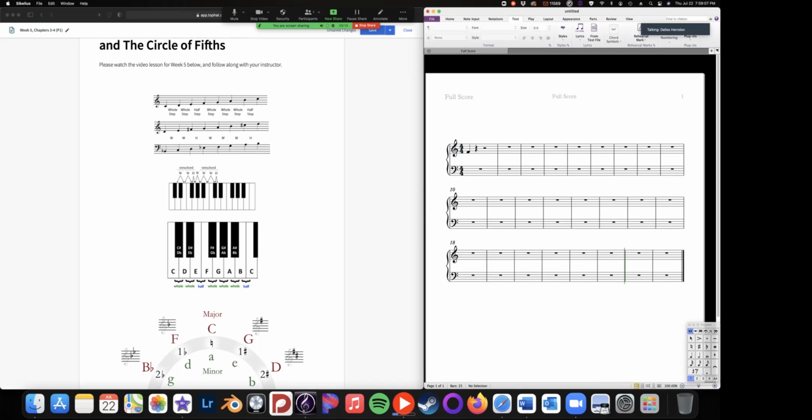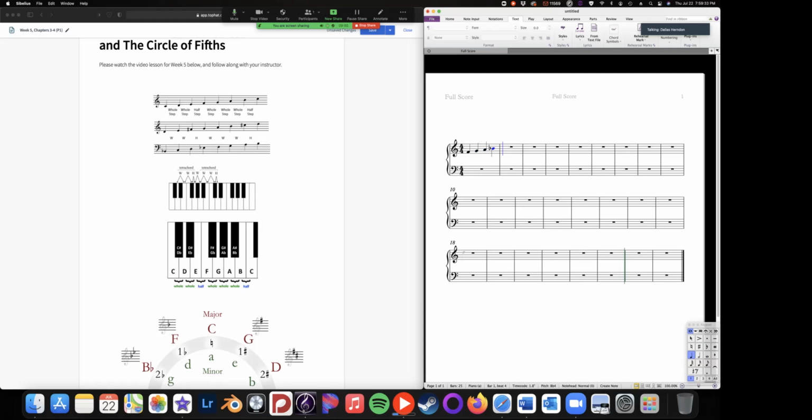So starting on F, a whole step up from F should give me the note G. Okay, so I'm starting with the whole step, then I have another whole step up from G, that should give me A. All right, so there I have my whole step. Then I need a half step up from A, which would give me B flat, okay?